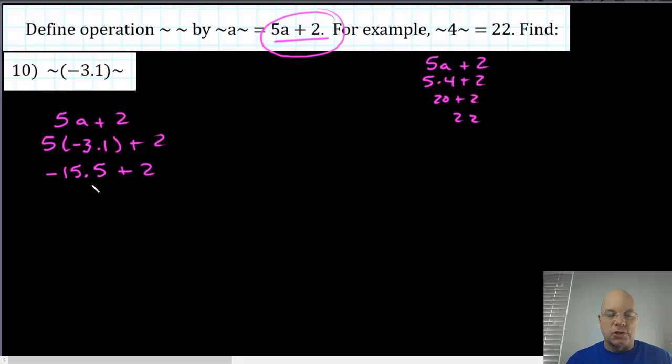These aren't integers because this one is not an integer, but you treat the operations the same way you would if you were adding integers. Negative 15 and 5/10 has a greater absolute value than positive 2, so we're going to end up with a negative sum. And if a number line model helps you to visualize this addition, you could use one.